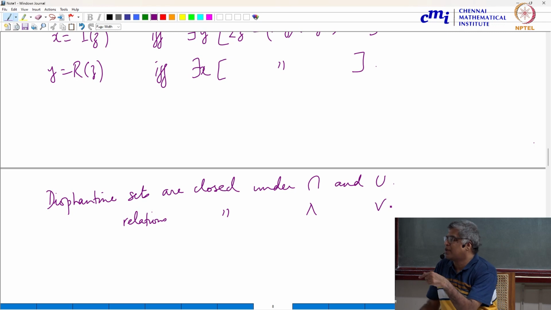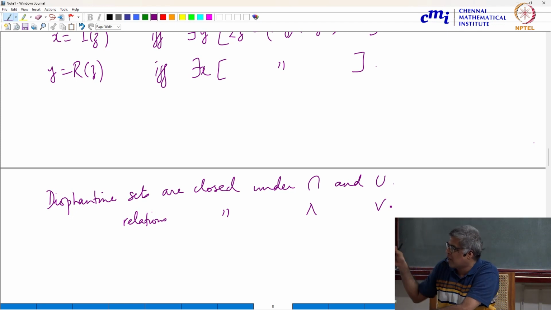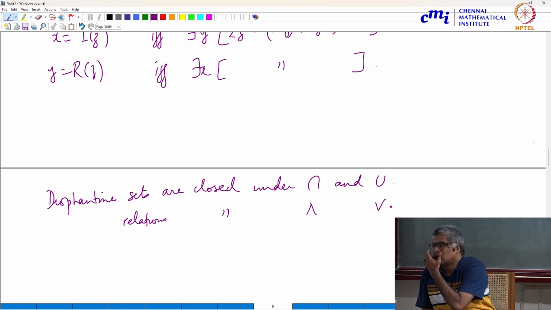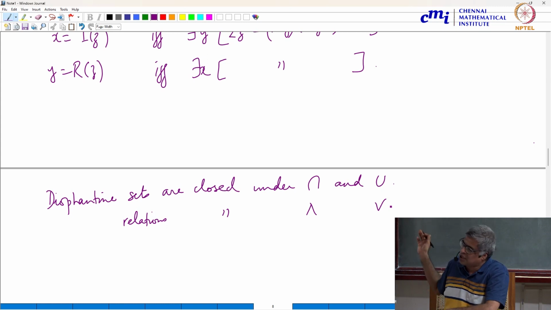Given two relations you can take the conjunction of the two relations and the disjunction of the two relations. Either this holds or that holds. You can say some x loves y or y loves z. So you can combine relations using and, or, just like you can combine sets using intersection and union.